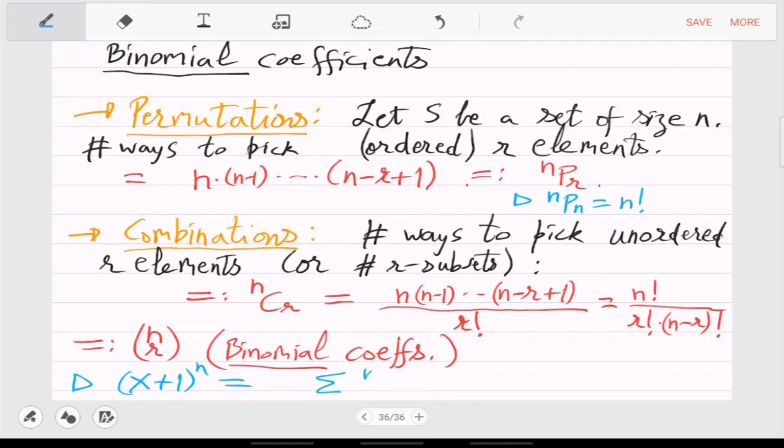Why the term binomial? What is the binomial here? Yeah, so this appears in an expansion. If you write x plus 1 to the n, if you expand this, then you can show as an exercise that this is sigma over r of n choose r x to the r.